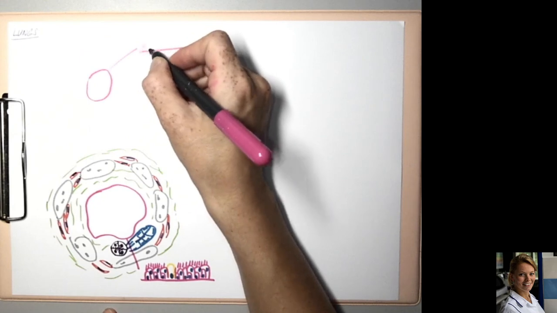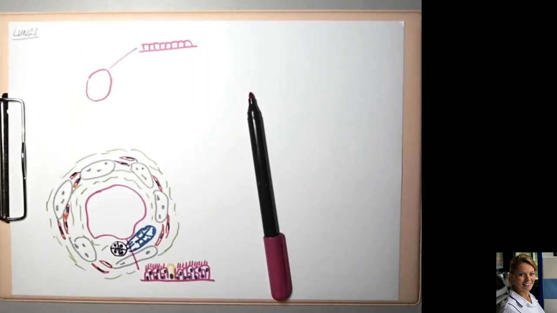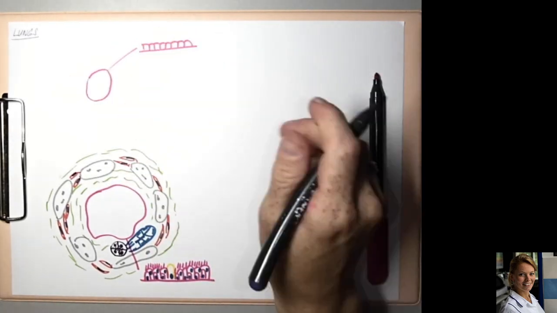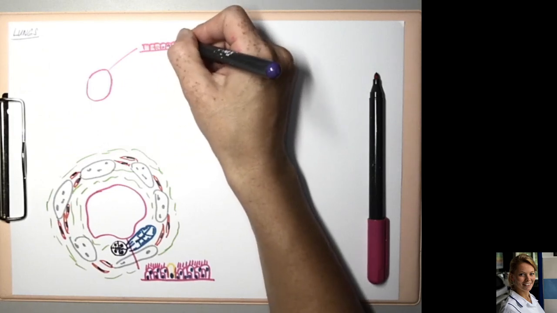So this is the detail of this epithelium: cuboidal cells in one layer with round nuclei.